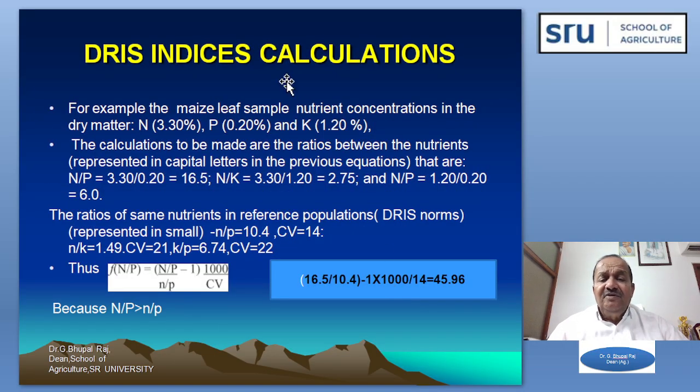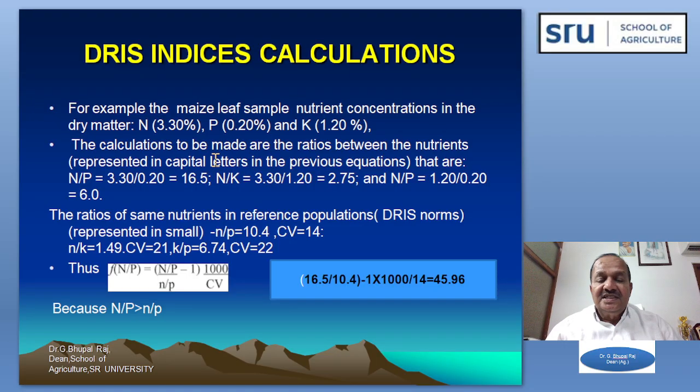For example, how we calculate these indices, I will show in these coming slides. For example, we take maize crop, maize leaf sample nutrient concentration in the dry matter. After analysis, we got these values: nitrogen 3.3%, phosphorus 0.20%, and potash 1.2%.